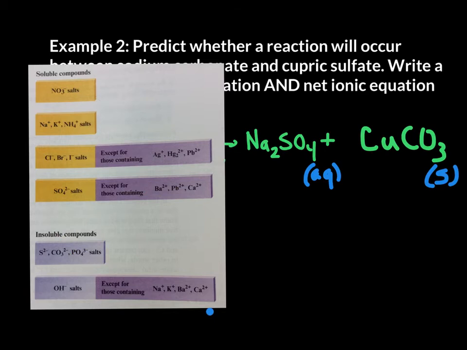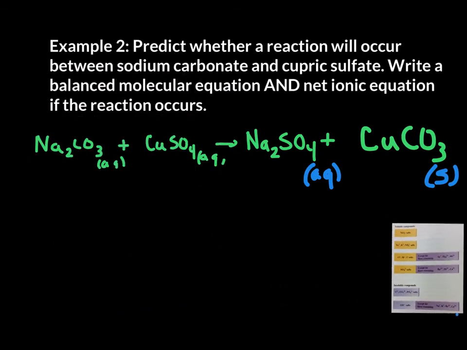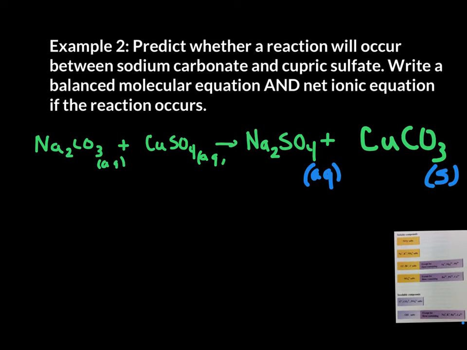Okay, so the last thing we need to do is write the net ionic equation that shows the two ions that come together to form our precipitate. So we know that we have cupric, which is Cu plus 2, and originally it was aqueous because it was dissolved in solution, okay?